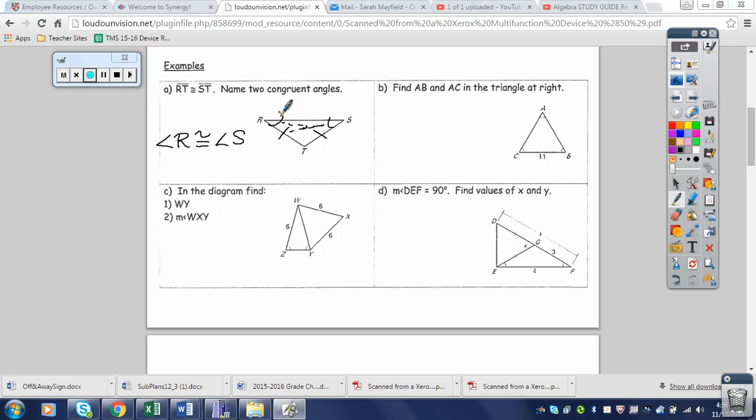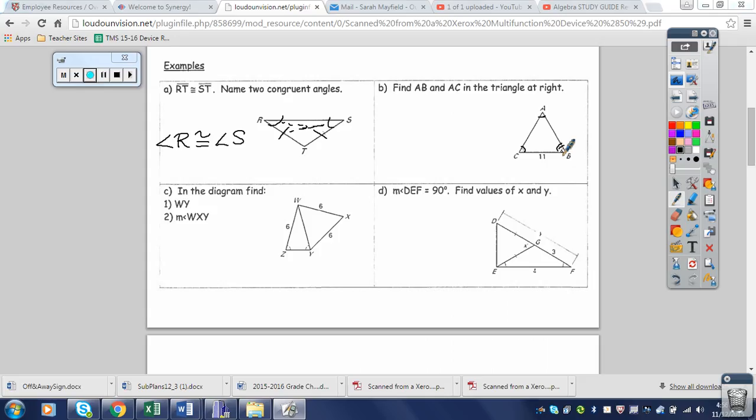How about letter B? It says find AB and AC in the triangle on the right. Okay, so if I look at this problem, what do I notice? I notice I have these three tick marks in my angles, so what does that mean? That means they're all congruent. So if all my angles are congruent, what does that tell me? Well, it tells me they're equilateral.